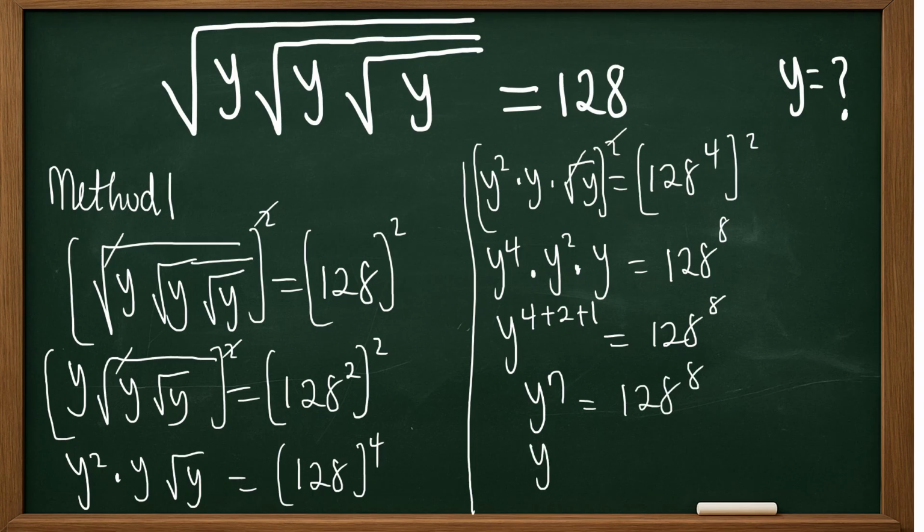Here, y to the power of 7 equals 128 to the power of 8, and 128 is the same thing as 2 to the power of 7. So here I have y to the power of 7 equals 2 to the power of 7 times 8.